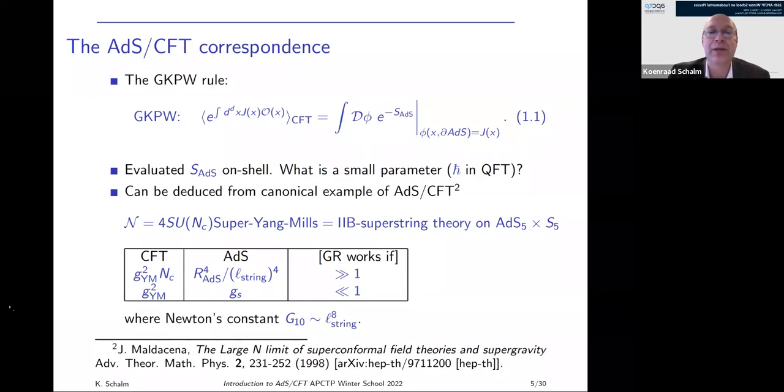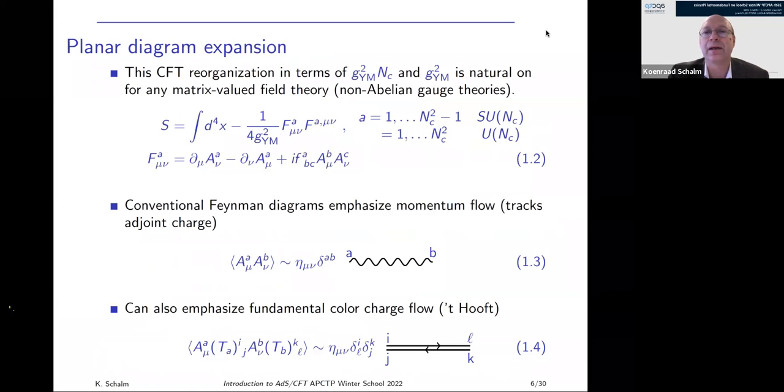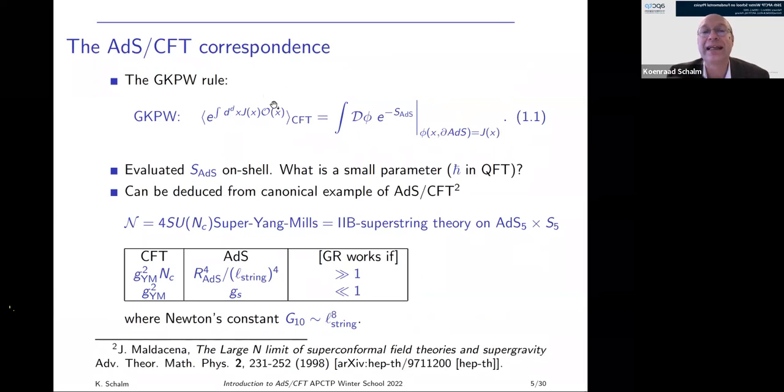Also in the GKPW rule, if you have an underlying non-abelian gauge theory as the CFT, only the gauge invariant combinations of the operators O can be mapped to operators on the AdS side. So that's a very good question.